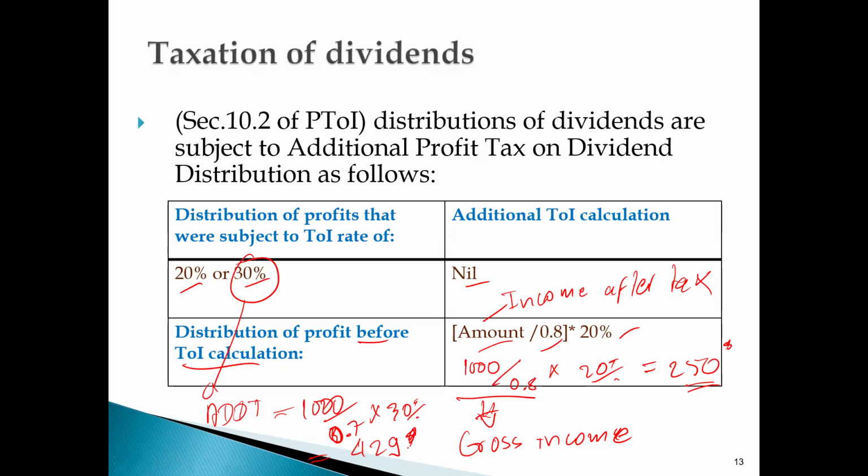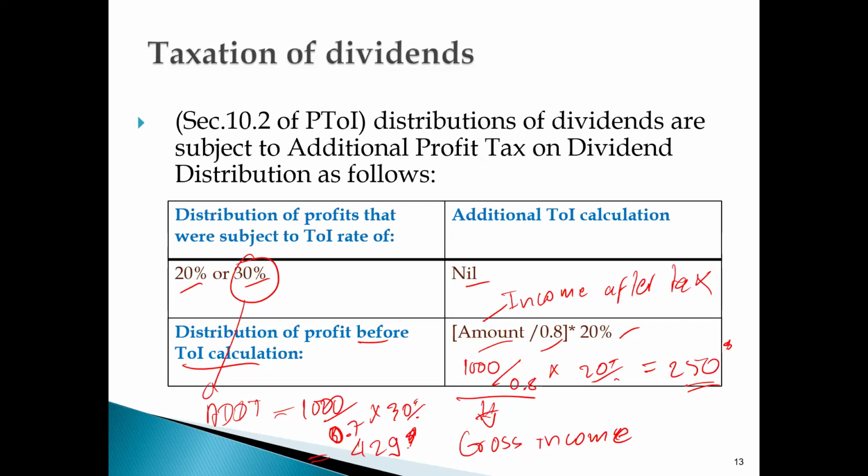So but if we are subject to 0% tax on income, what shall we do? If we are subject to 0%, which means no income tax, then no ADDT as well.